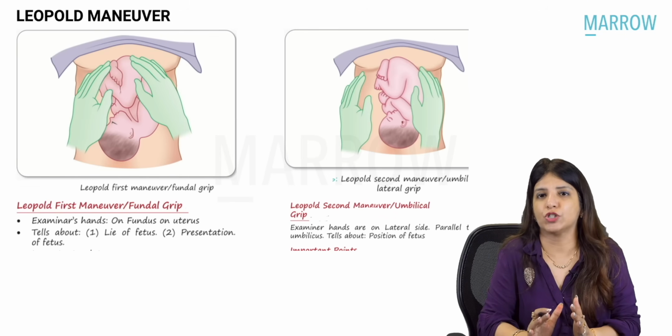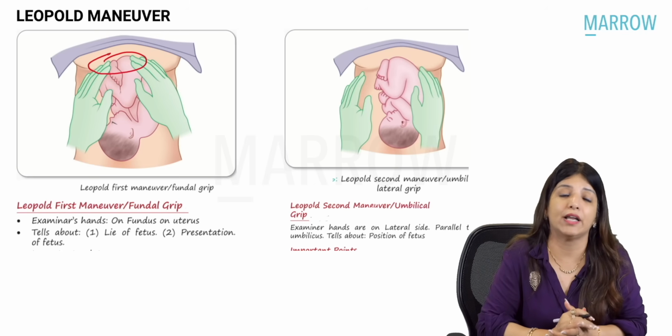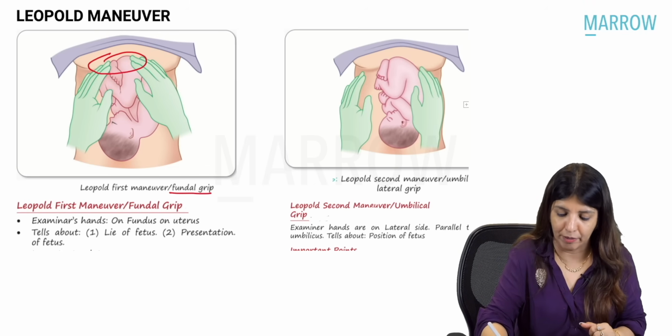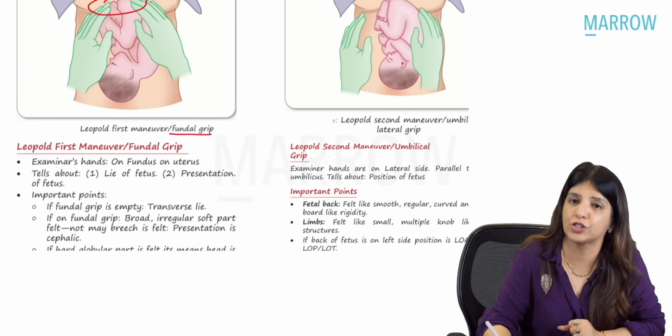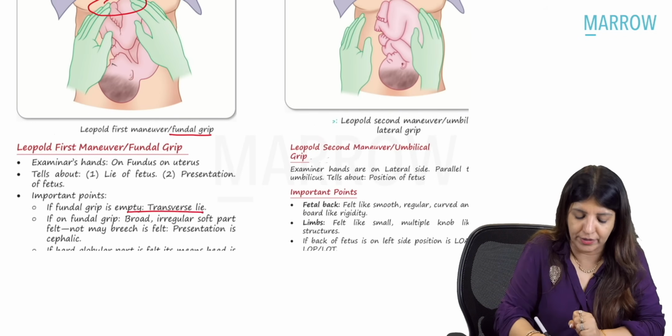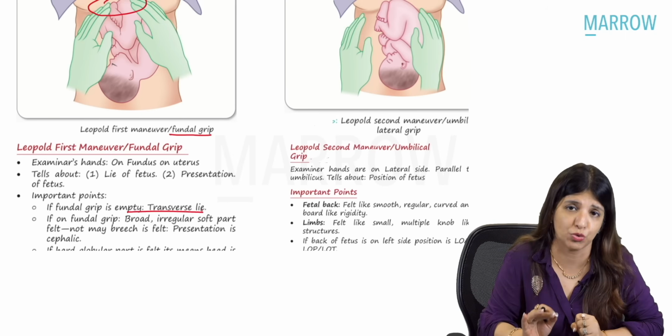In Leopold's first maneuver, you are going to take both your hands in the fundal area of the uterus, and this is what is called fundal grip. Now, in Leopold's first maneuver, if it is empty, that means there is transverse lie. If anything can be felt, that means it's a longitudinal lie.